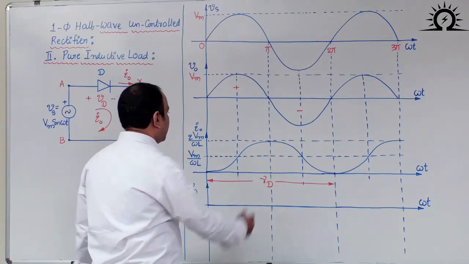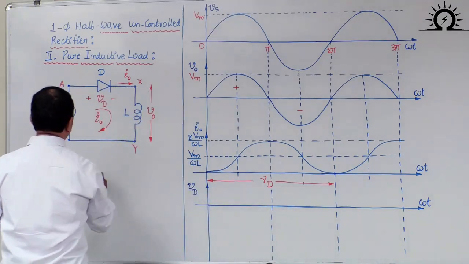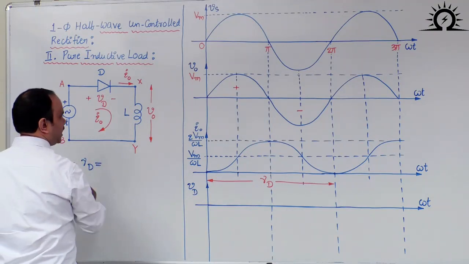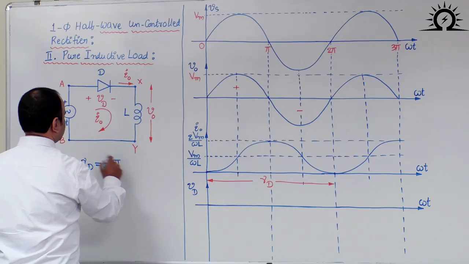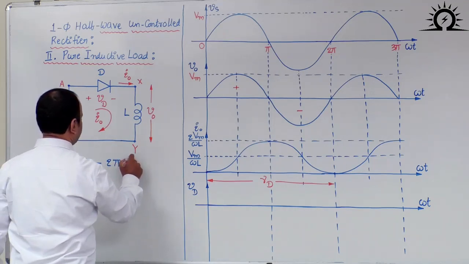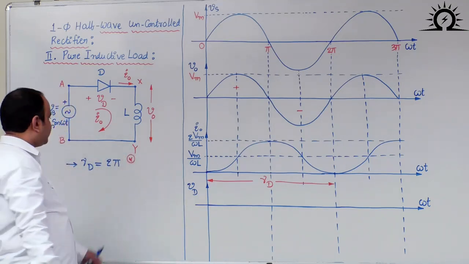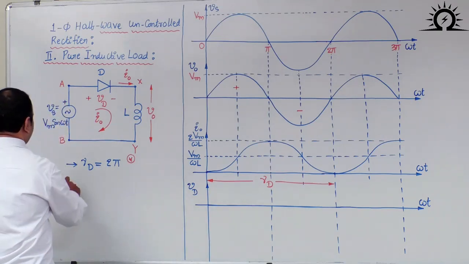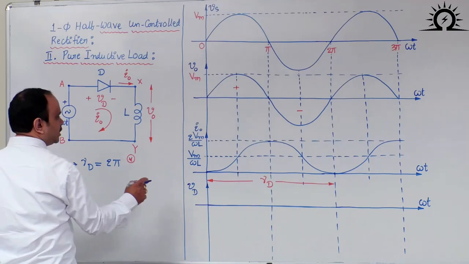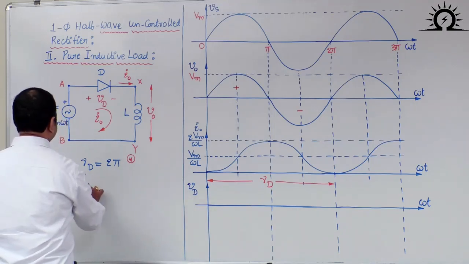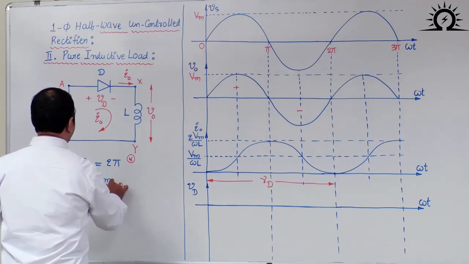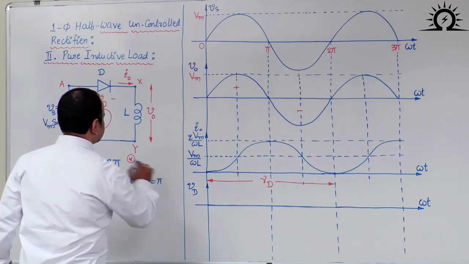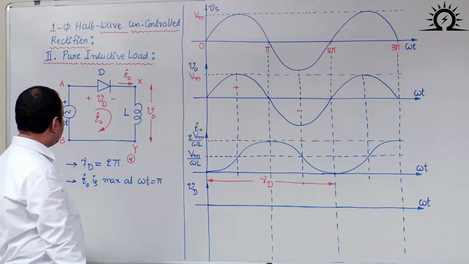Now let us note down these conclusions. The conduction angle for a diode is equal to 2 pi. This is an important objective question; in fact, this question was asked in one GATE exam also. Next, I naught is maximum at omega t equal to pi.